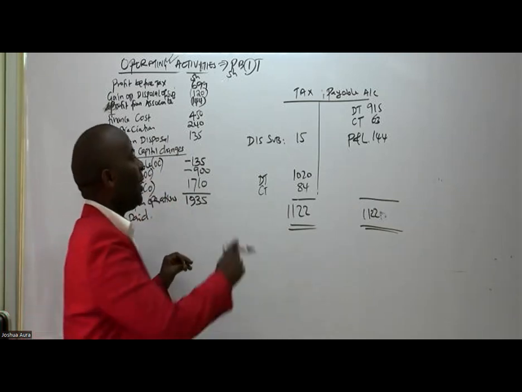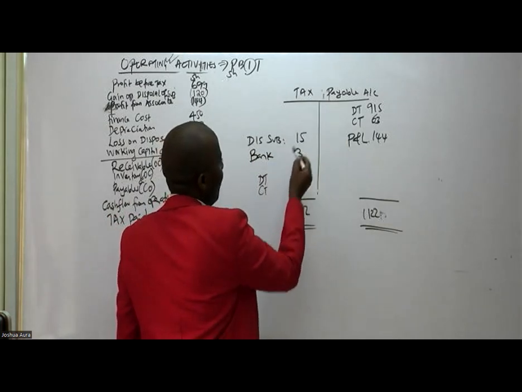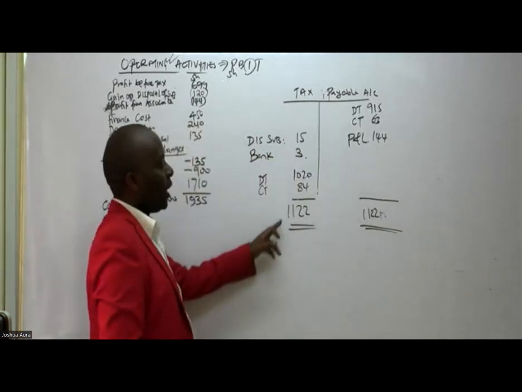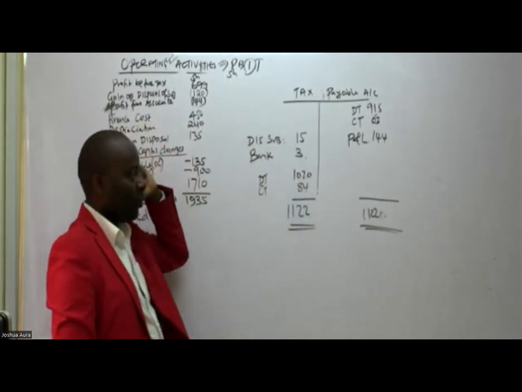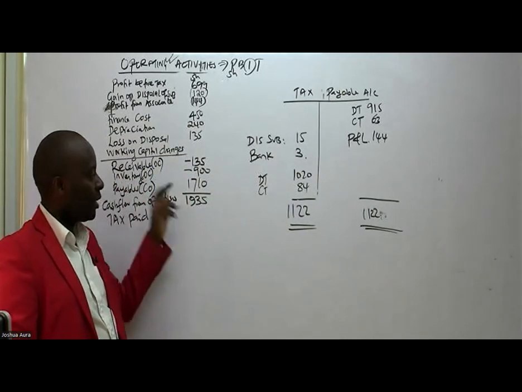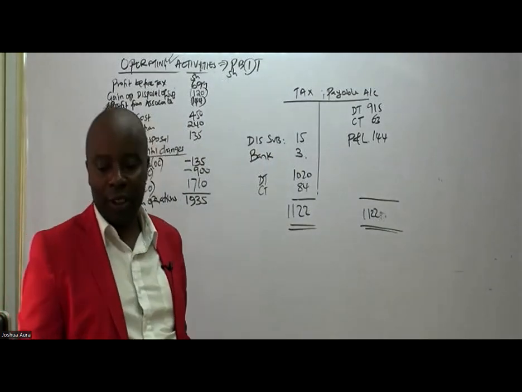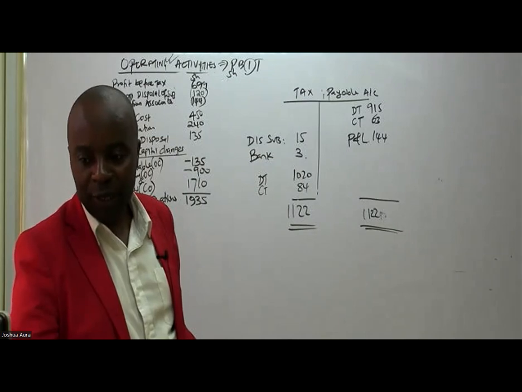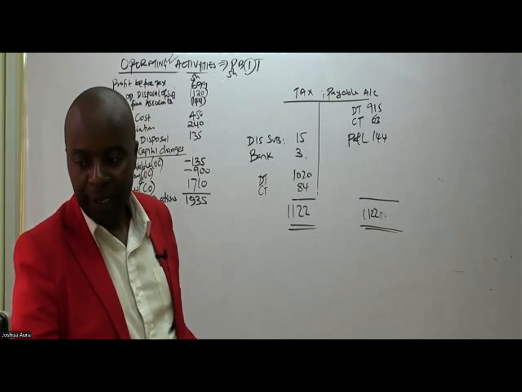So we have a balancing figure here, bank. Bank will be 3, because we'll take 1122, 84, 1020, and then we have 15. I can see my students telling me that this figure may not be correct. Let's first interrogate the figure. Let's calculate it fast.